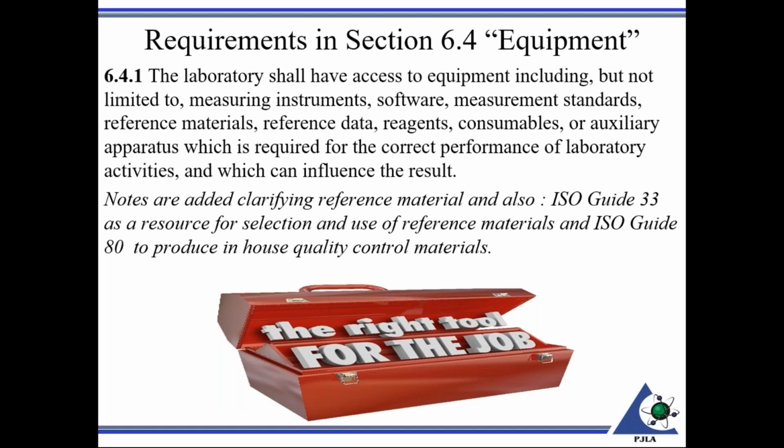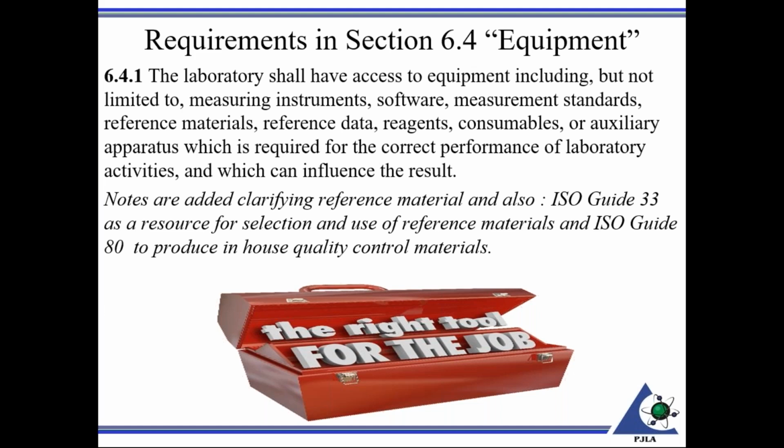So looking at the requirements under section 6.4, of course, you have to have the right tools to do the job, which is basically the gist of clause 6.4.1. And having access, you shall have access to equipment. So when you think of equipment, of course, it's equipment used directly to perform the calibration.